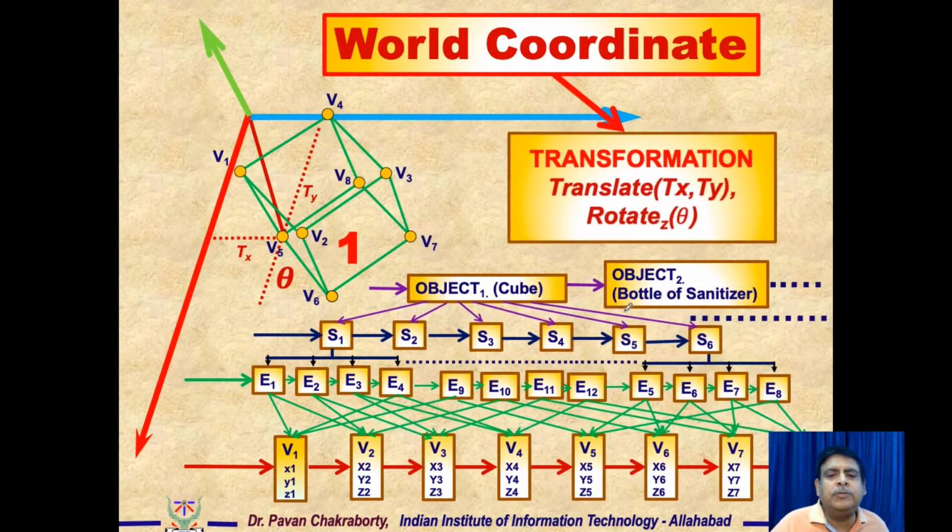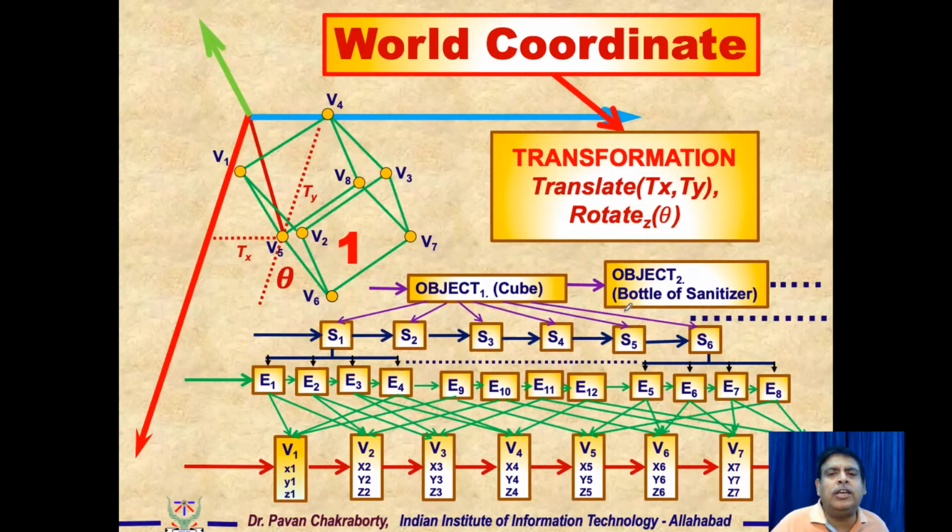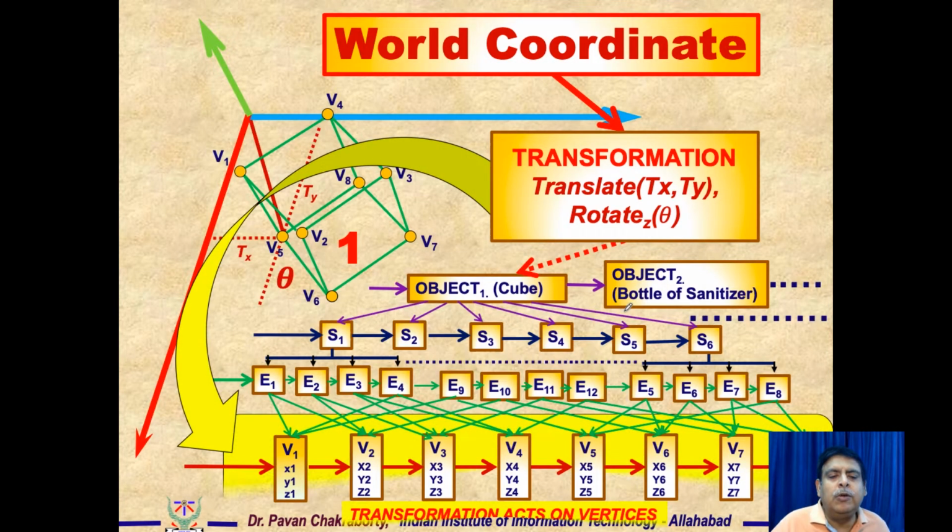To bring this object 1 to the world coordinate system, we need to translate it by tx and ty and rotate it by an angle theta. To apply this transformation, we need to change the position of v1, v2, v3, v4, v5, v6, v7 and v8.